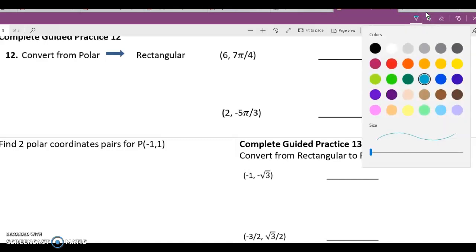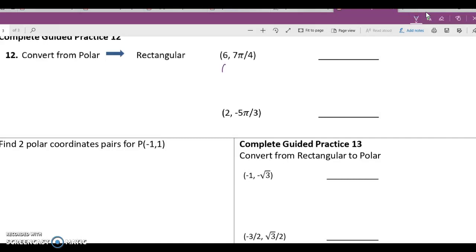All right, first one. Going through this, we have 6 cosine 7 pi over 4, comma 6 sine of 7 pi over 4. The cosine of 7 pi over 4 is positive root 2 over 2.